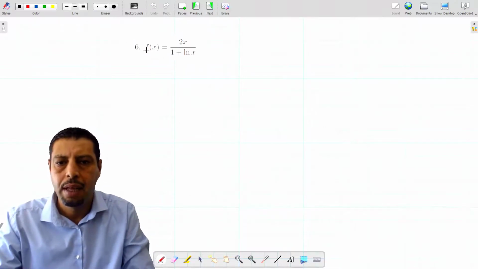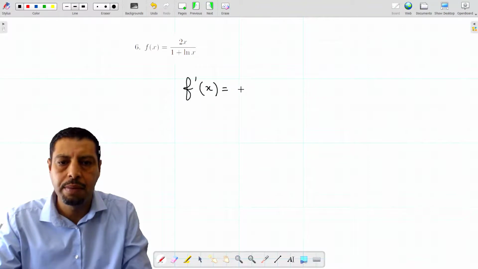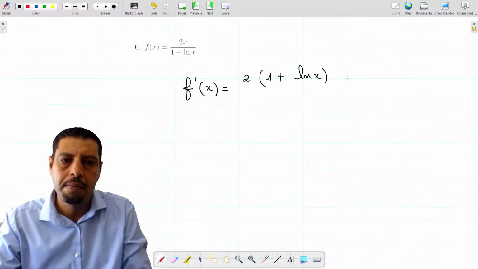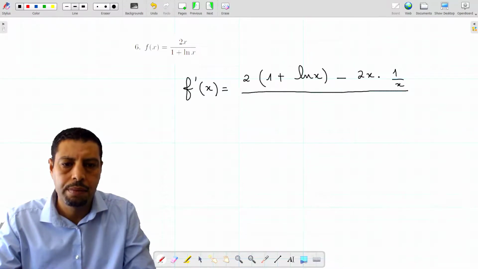Next one, f of x equals 2x over 1 plus ln of x. Again, here it's a quotient. We're going to apply the quotient rule. f prime of x equals the derivative of 2x, which is 2, times 1 plus ln of x, minus 2x times the derivative of 1 plus ln of x, which is 1 over x, over (1 plus ln of x) squared.